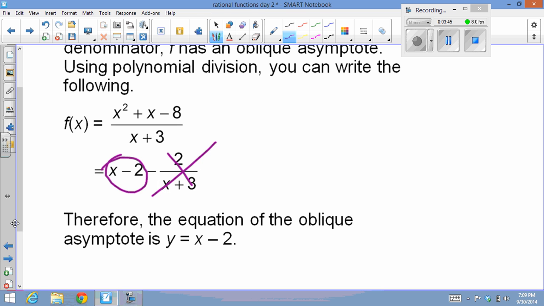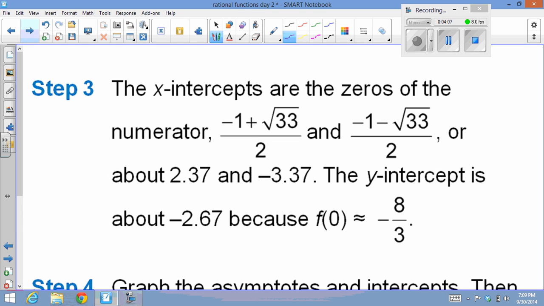I get my x-intercepts, just like I did before, by setting the numerator equal to 0. Unfortunately, that doesn't factor. So you're going to have to use the quadratic formula to find the two intercepts. Since we're graphing, it's okay to use the quadratic formula and the approximation of the square root of the number that you get.